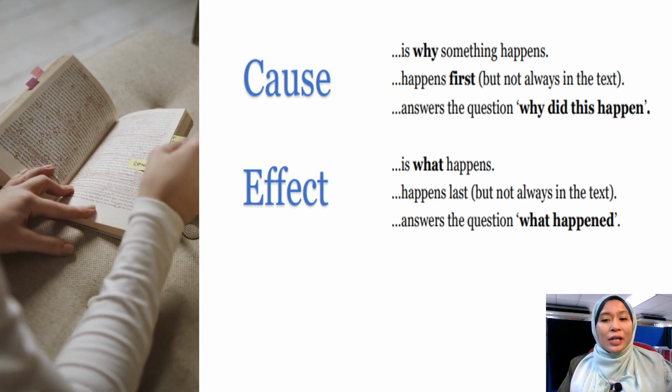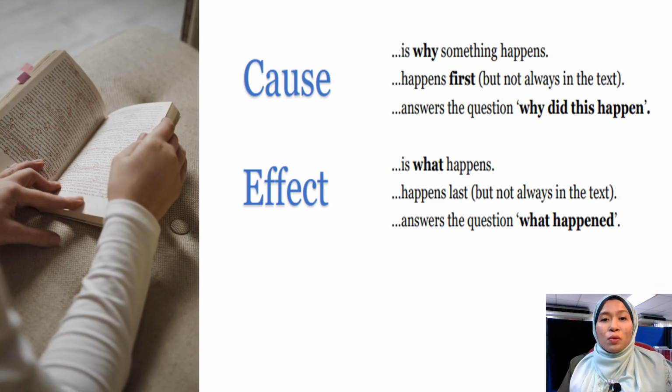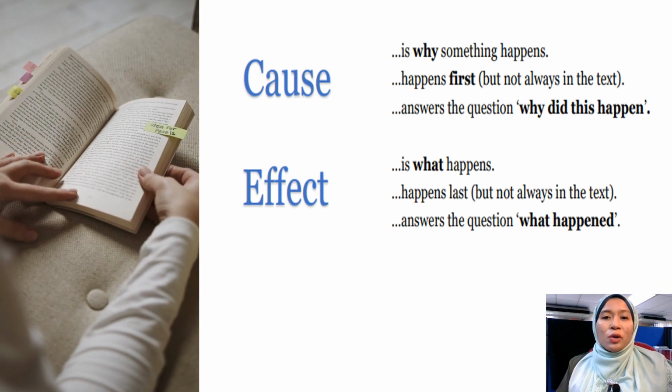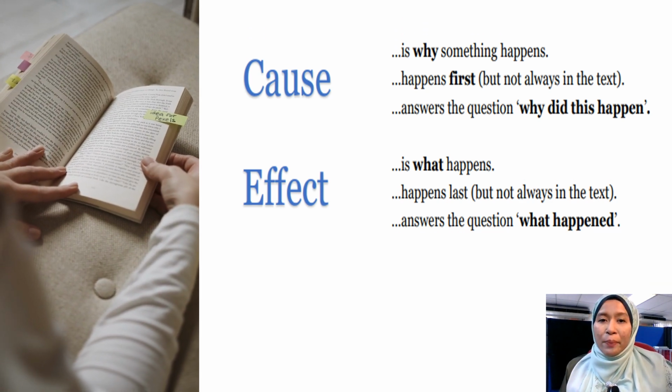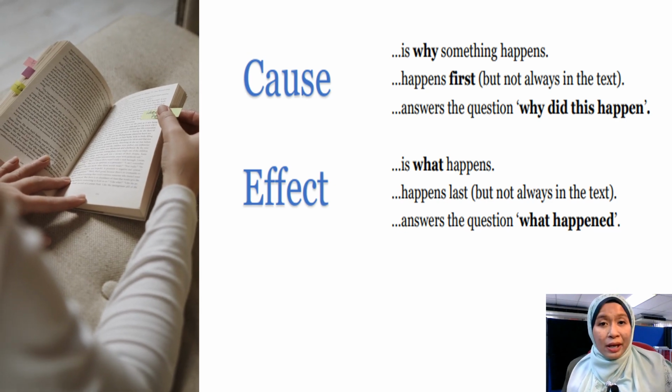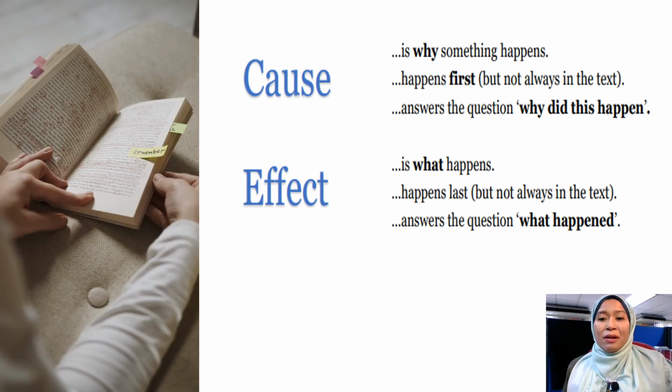It happens first, but it's not always in the text. And it will answer the question, why did this happen? Whereas effect is what happened, and it happens last, but it's not always in the text also. It will answer the question, what happened?